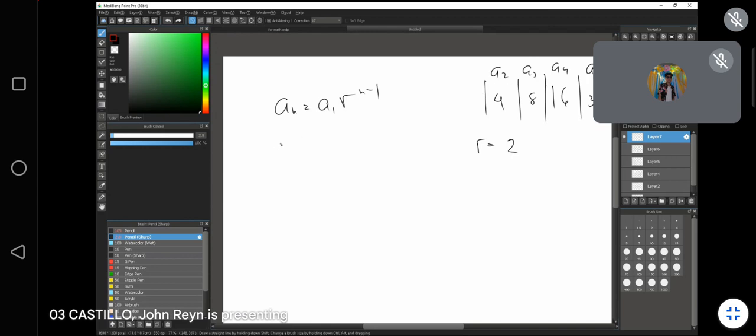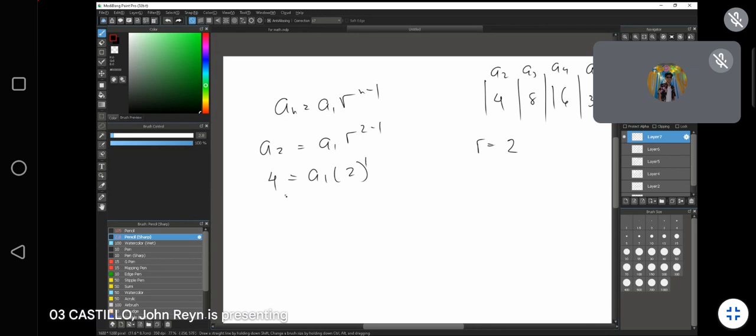So we'll use a sub 2 equals a1 times our ratio to the n minus 1. Let's put 2 here now. Then we put the values. So 4 equals a1, since we don't know the common ratio, which would be 2, and 2 minus 1, which would be 1. So that would be the same.